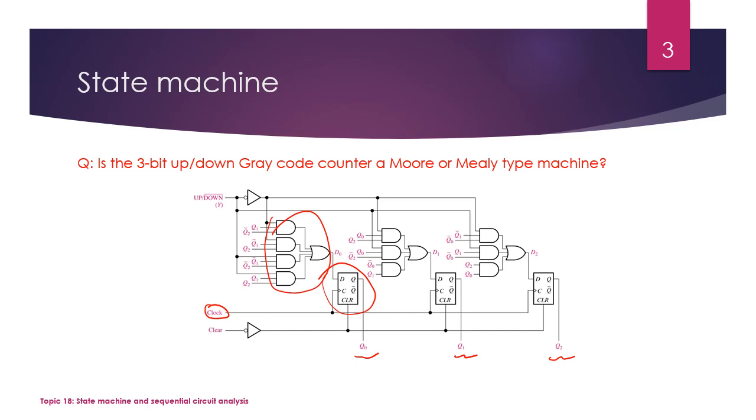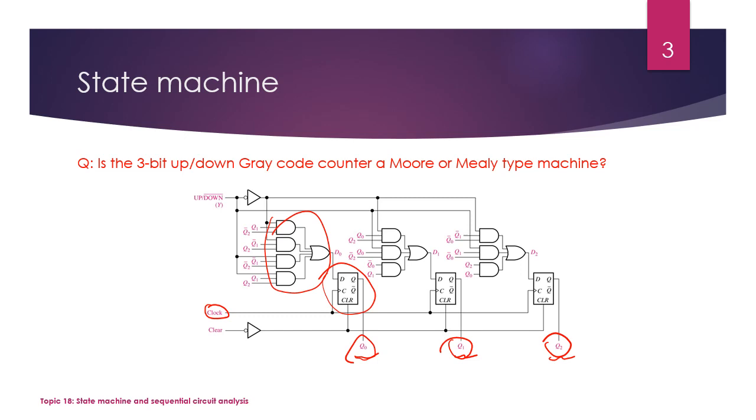But is it a Moore type or a Mealy type? Depending on the definitions, we just need to check the outputs. Here we only have three outputs, Q2, Q1, Q0. They are the outputs of the flip-flops, which are the memory part.